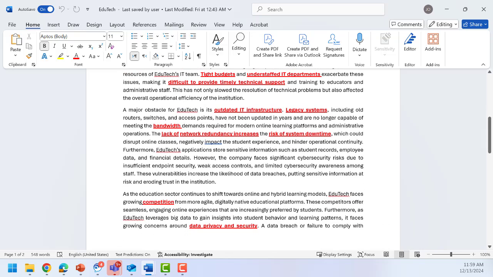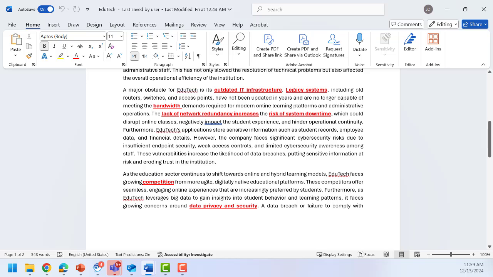Then competition from more agile, digitally native educational platforms, that's definitely a threat from outside. Data security is another. So go through the text and the slide that I gave out and see what you can get from that.